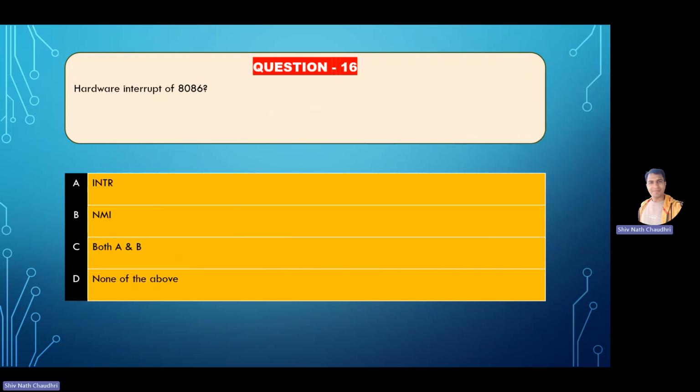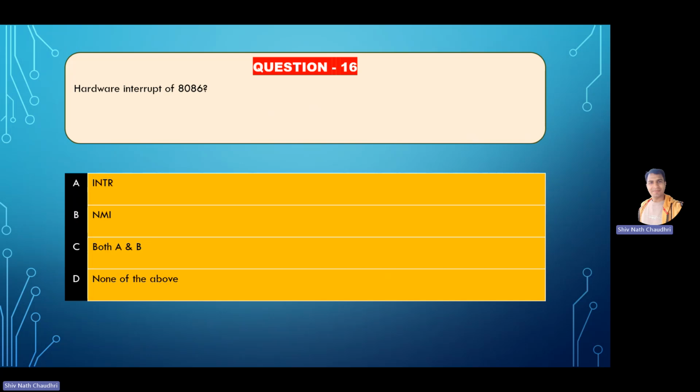Next question. Hardware interrupt of 8086. If we recall the pin diagram of the 8086 microprocessor, we will find INTR and NMI, non-maskable interrupt. So in the 8086 pin diagram, we have two pins, INTR and NMI, for hardware interrupts. Option C should be the right answer because the other option is none of the above.